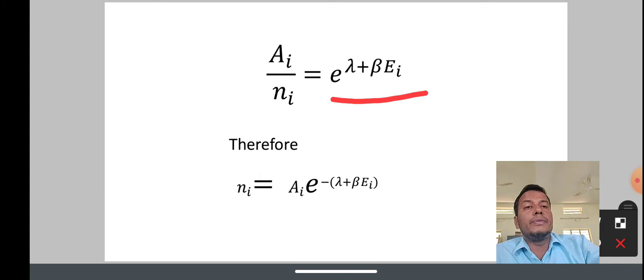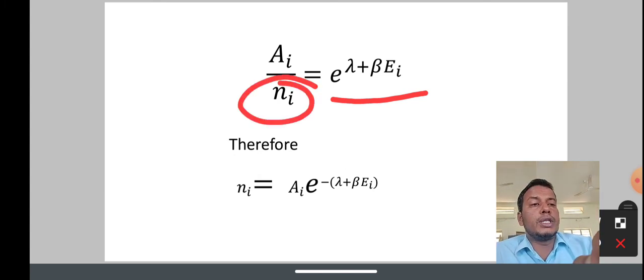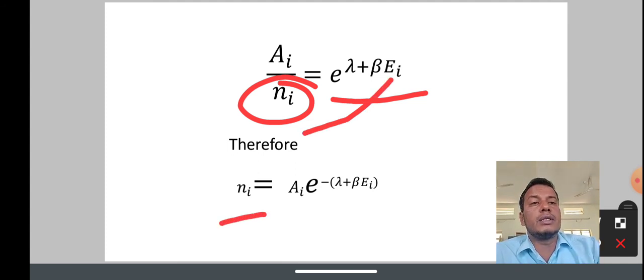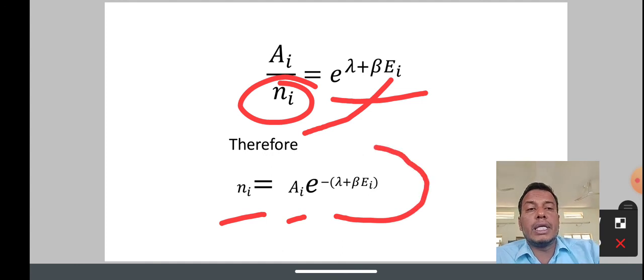But we know that we only want the number of particle distributions here. So we can say that N_i is equal to A_i, transferring this one to the denominator: N_i is equal to A into e to the power of lambda plus beta E_i.